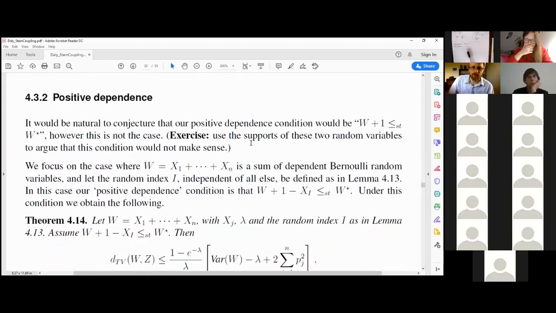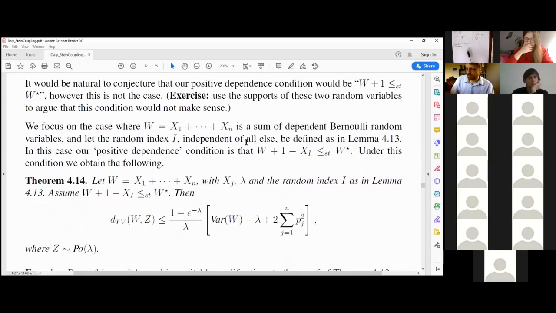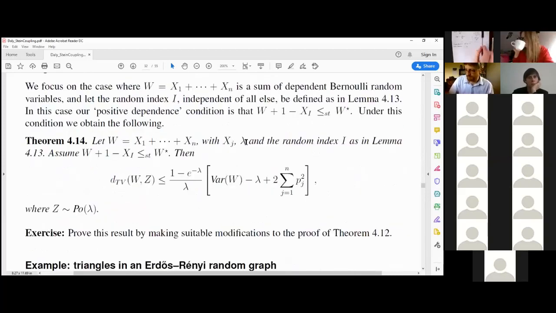And it turns out that, thinking still about the case where we've got a sum of dependent Bernoullis, what I want to do is write down instead this thing. So my positive dependence condition is going to look like that, which is very similar to what we had before, in that my w star is this time greater or equal to w plus 1, take away something.